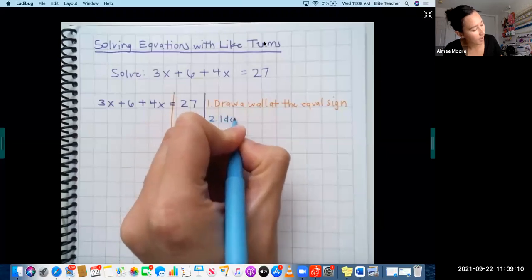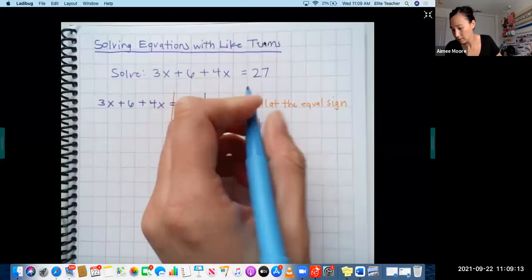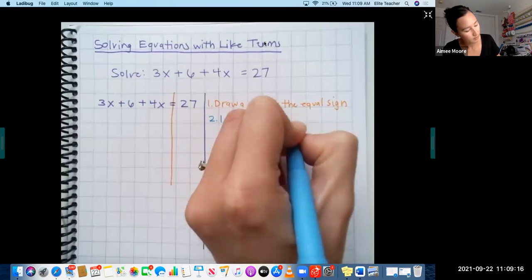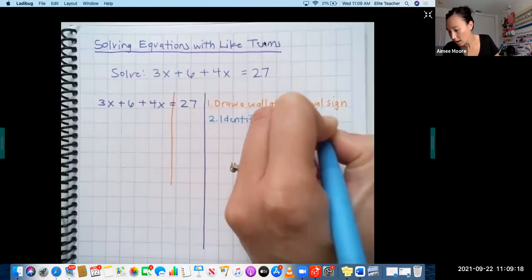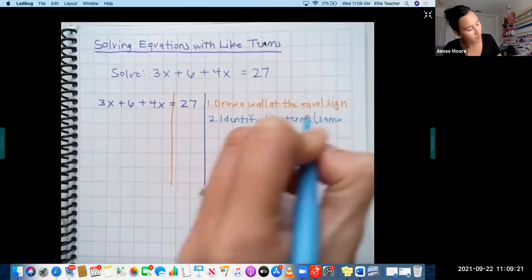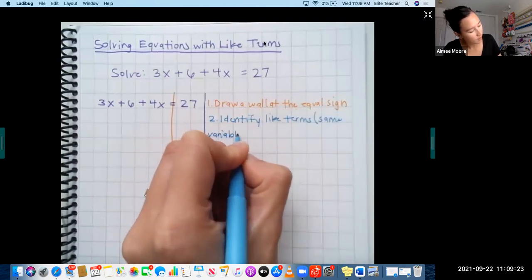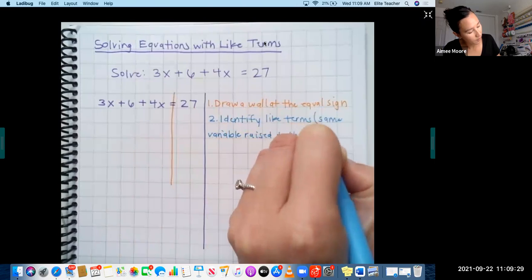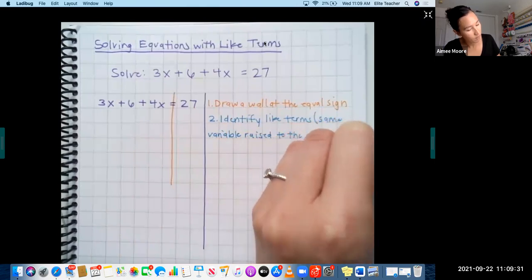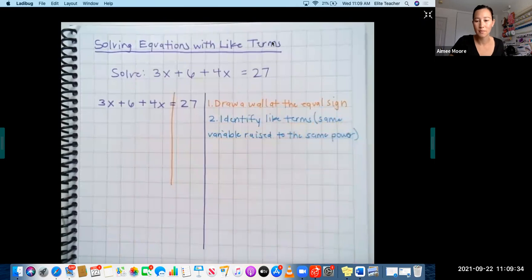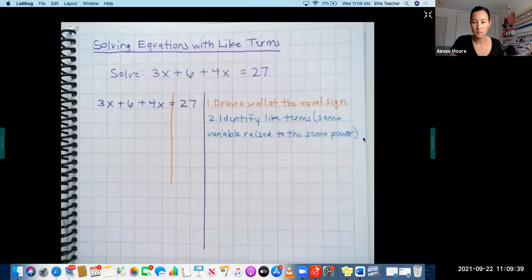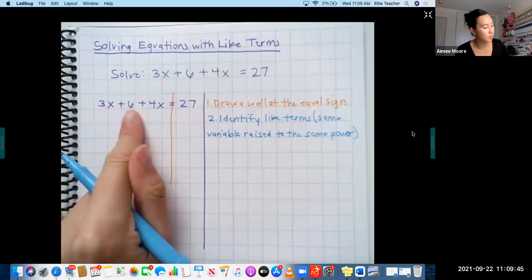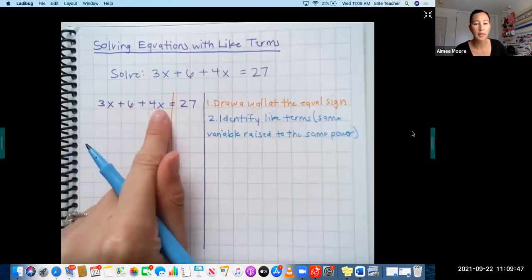Then we're going to identify like terms, which again have the same variable raised to the same power. In this case, we have 3x plus 6 plus 4x on the left side of our equation.